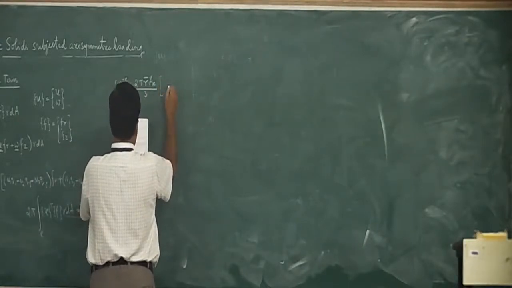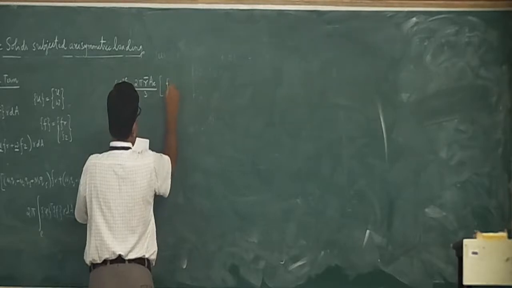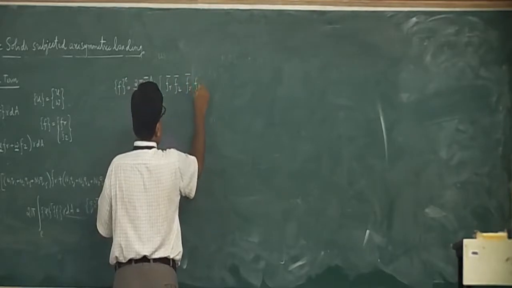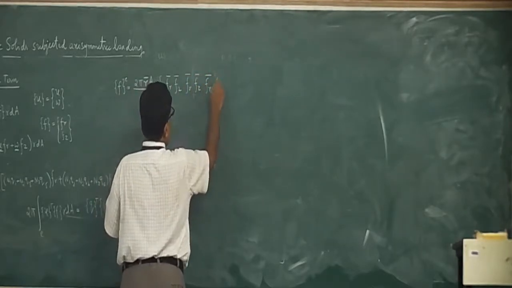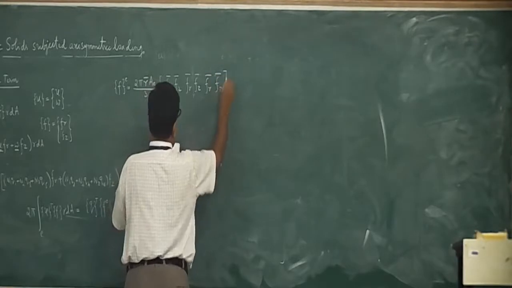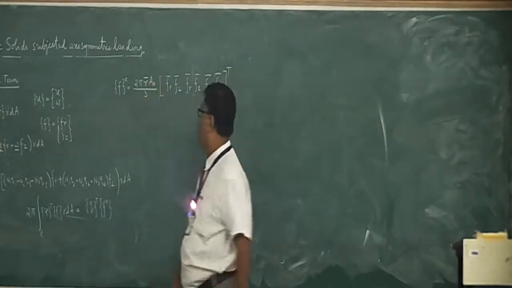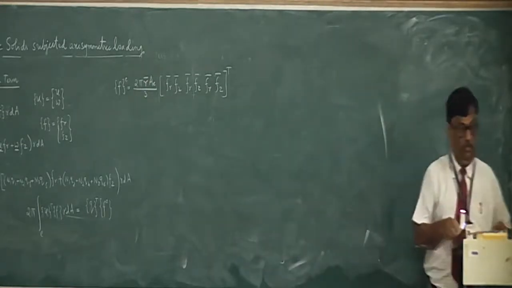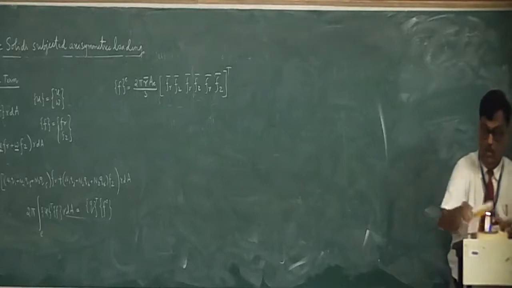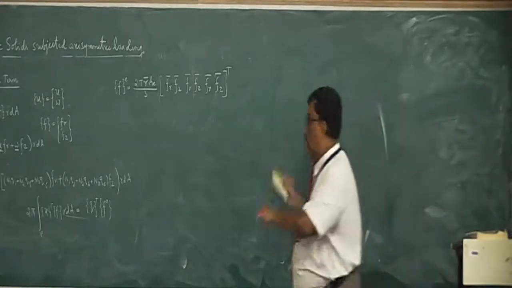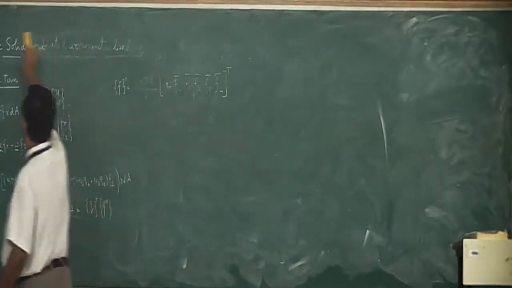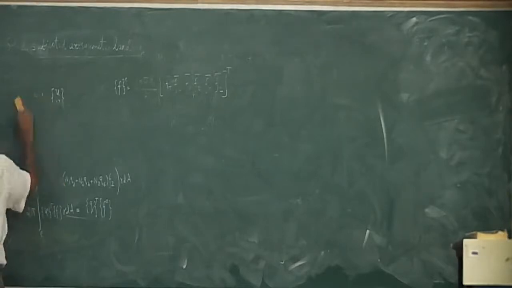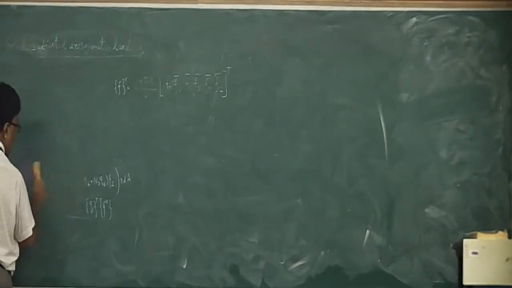So these are coming: Fr bar, Fz bar, Fr bar, Fz bar, Fr bar, Fz bar. This is what you have to find out. The transpose of this will give you the body force. Once this is known to you, you can directly take it to the global load vector, find out the exact location of the global vector where it is going to be added, and then we can find out the KQ equal to F equation.